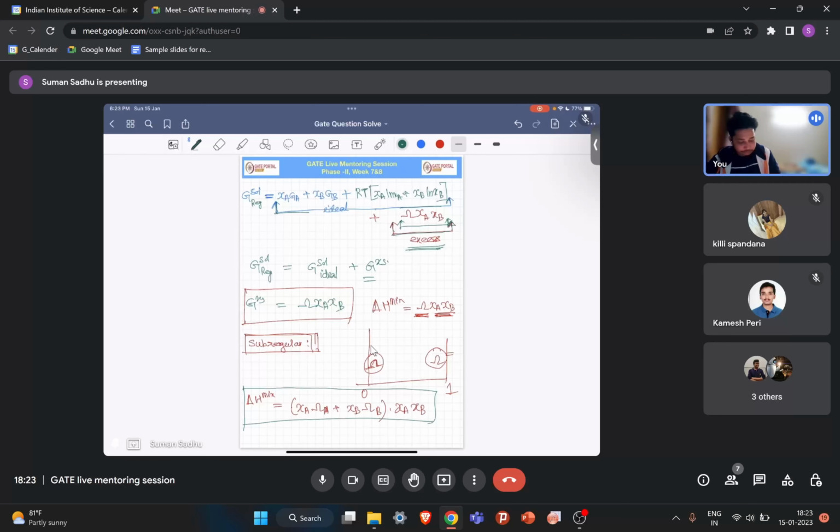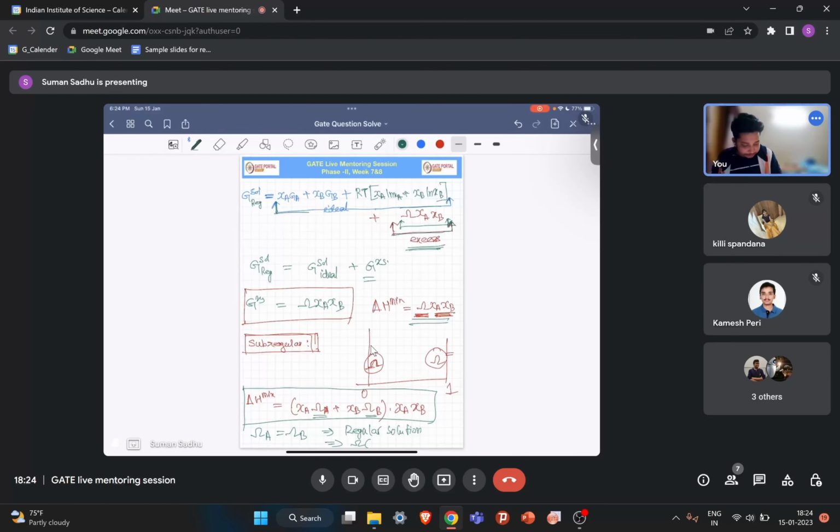So as you can see here, if you consider omega A is equal to omega b, that is for a regular solution, you will end up getting this same equation. If omega A is equal to omega b, then this part is the same, so you can take it as common.